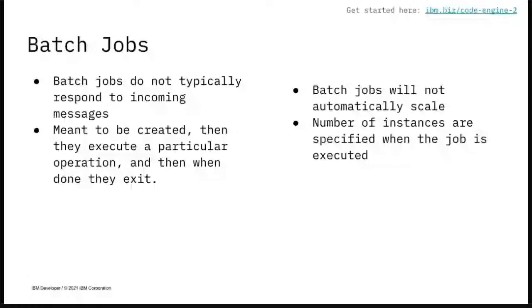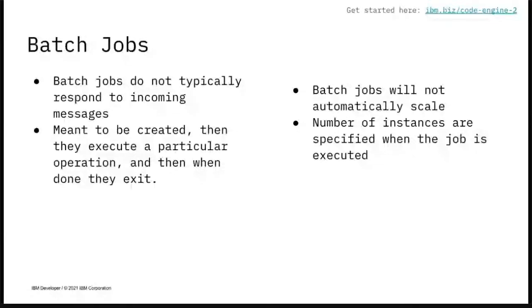Batch jobs are slightly different from applications in that they typically don't respond to incoming messages. So they're often referred to as run to completion tasks. Batch jobs are meant to be created, then they execute a particular operation, and then when they're done, they exit. So unlike applications, batch jobs will not automatically scale.